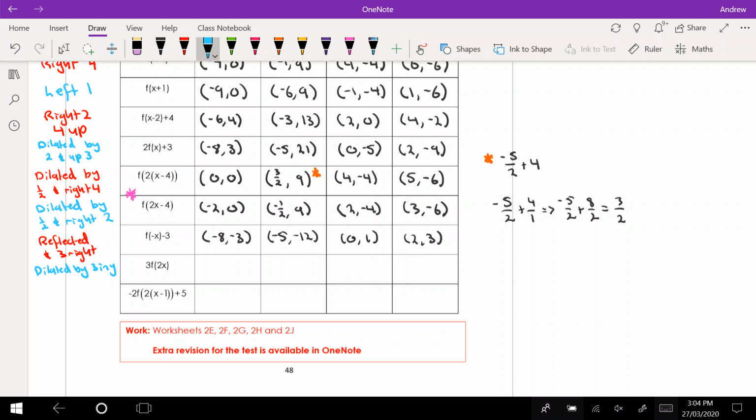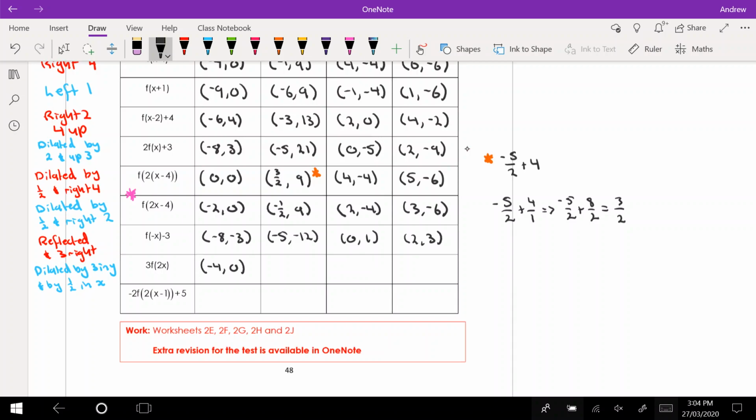Ollie, what's my first one going to be? First one is going to be... I don't know why you cringe. It's actually an easy one. -4, yep. 0. -4, 0. We half the x value, we triple the y value. That's all we do for all of these points.